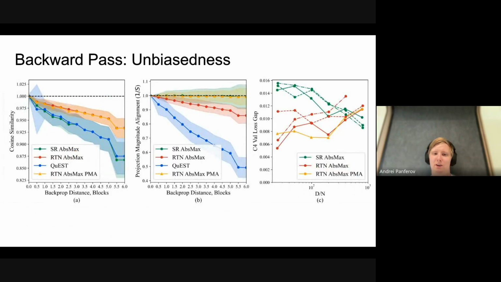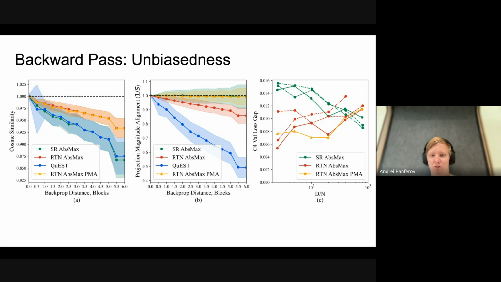We do it via a trade-off where we mostly compare two methods: the stochastic rounding EPS-max that leads to unbiased but slightly more noisy gradient estimation, and the round to nearest EPS-max, which leads to less noisy but slightly biased gradient estimation.